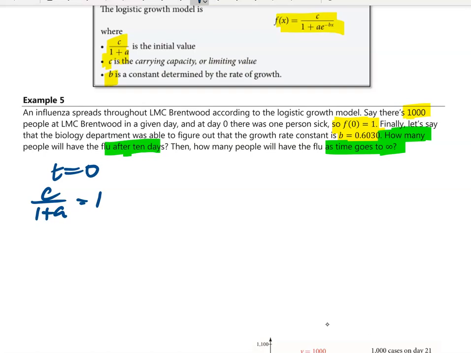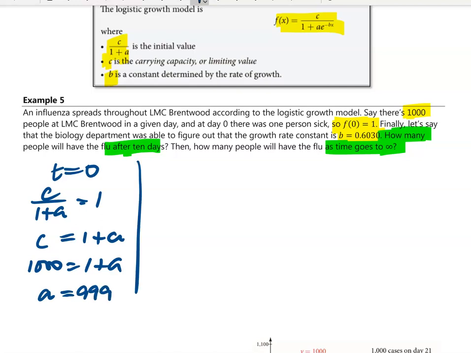And then if you cross multiply, 1 times 1 plus a is 1 plus a, and we have the initial value of 1,000 is equal to 1 plus a, and if you subtract 1 from both sides, a is equal to 999. And then we want after 10 days.